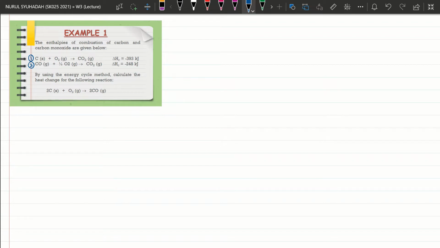Now, start with the target equation over here. 2 carbon, so I put it around here: 2 carbon solid plus O2 gas to produce 2 CO gas.